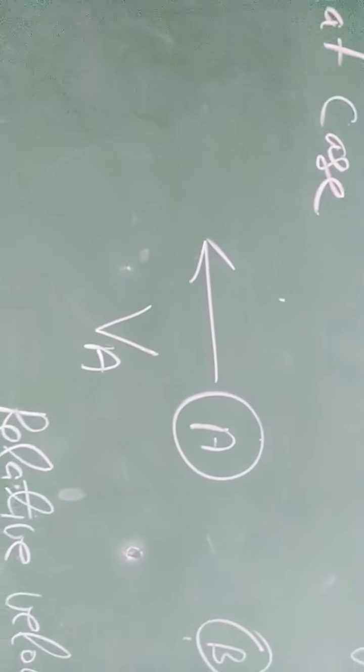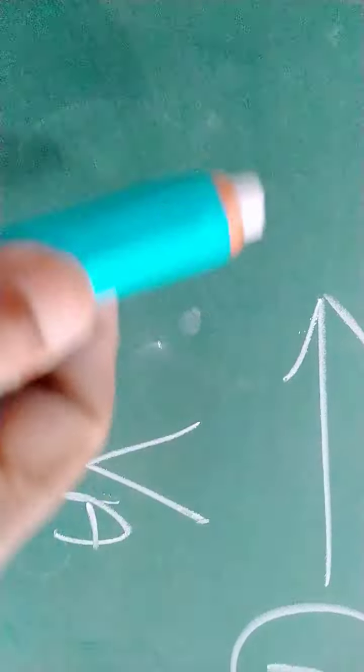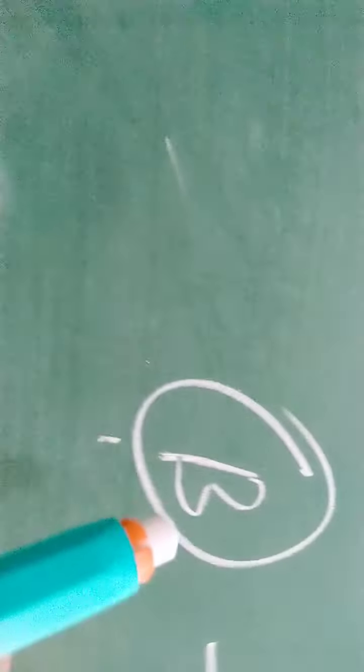For example, body A moves in this direction with velocity Va, right? And body B has velocity Vb.